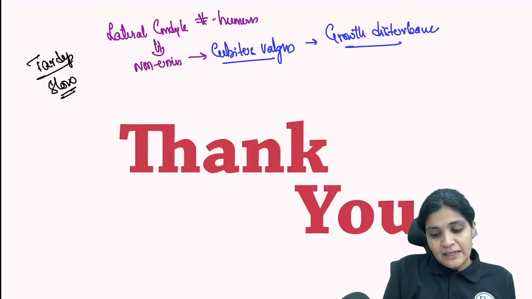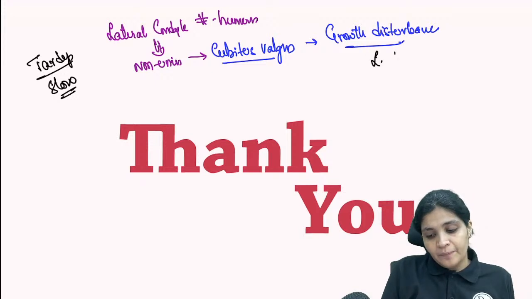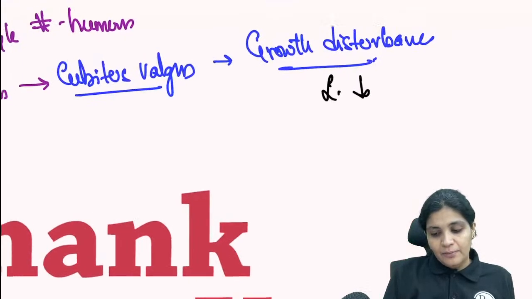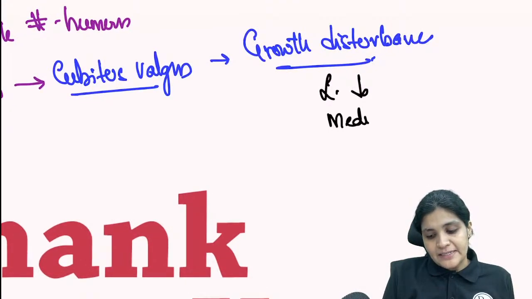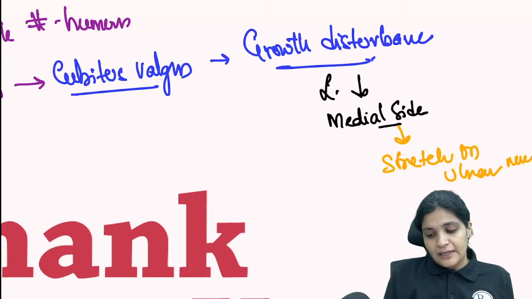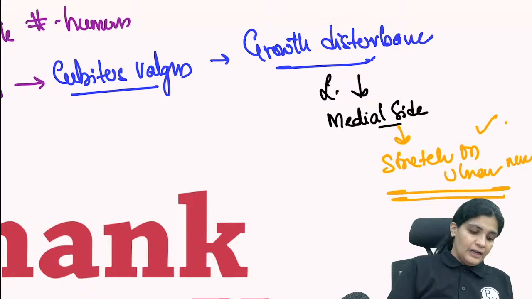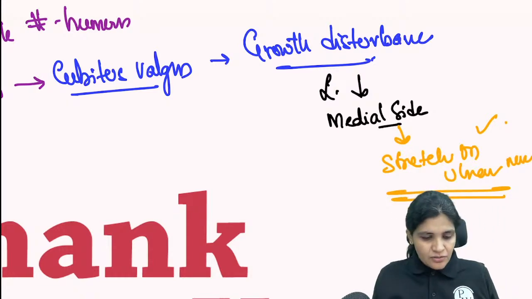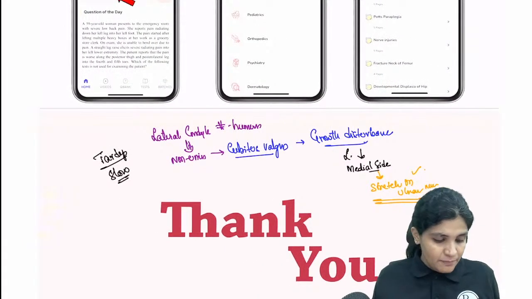That means on the lateral side the growth will be decreased and there will be growth on the medial side. So this will actually cause a stretch on the ulnar nerve, resulting in what is called tardy ulnar nerve palsy. Okay, so this is your tardy ulnar nerve palsy.